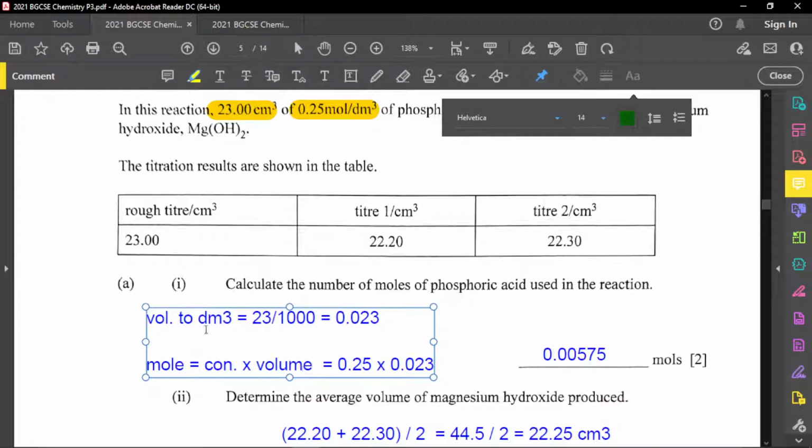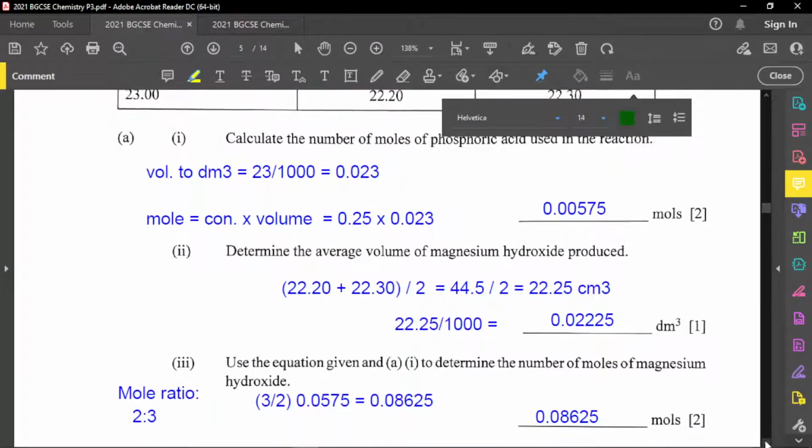But the first thing we have to do, since the volume is in cm³ and the concentration is in moles per dm³, is convert the cm³ into dm³. Hence, we have 23 divided by 1,000, which gives you 0.023 dm³. And now to multiply our 0.25, which is our concentration, by our volume, what we get is 0.0575 moles.